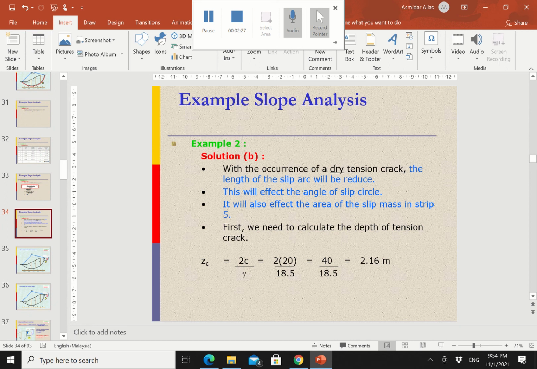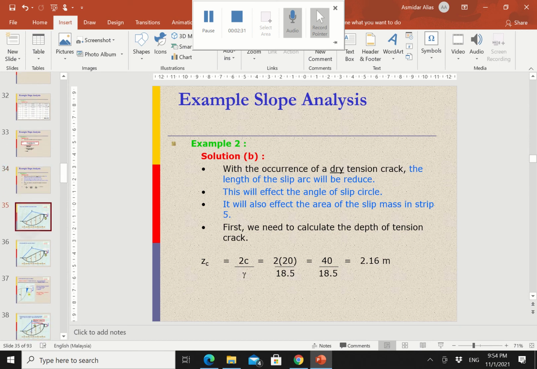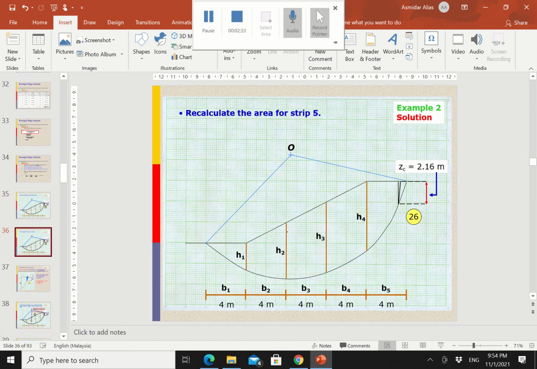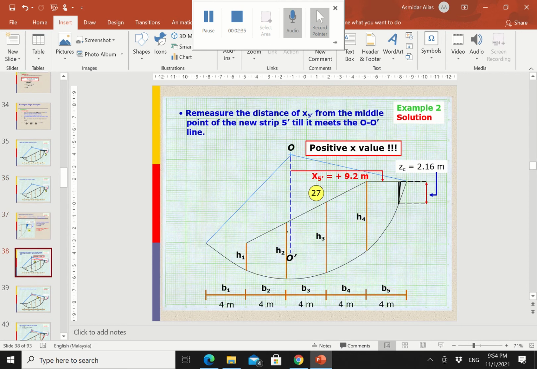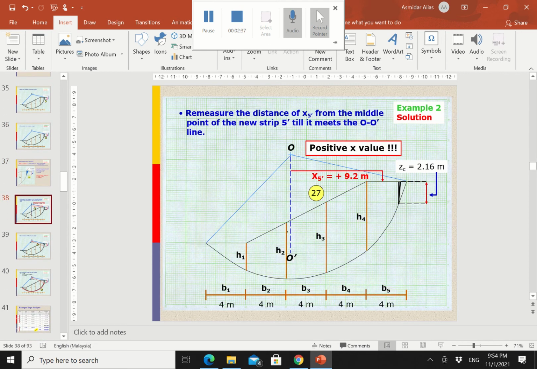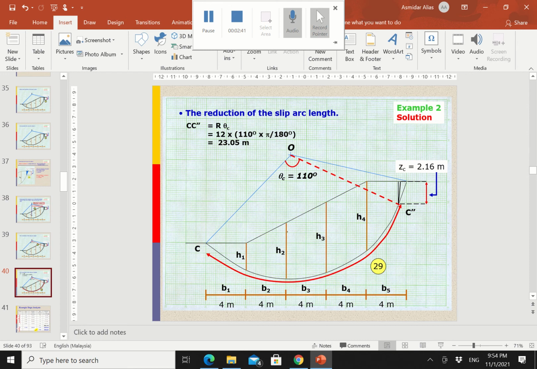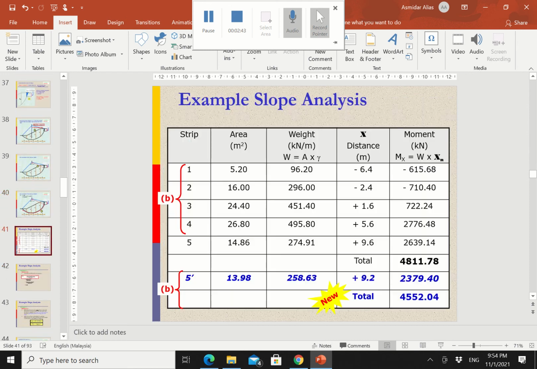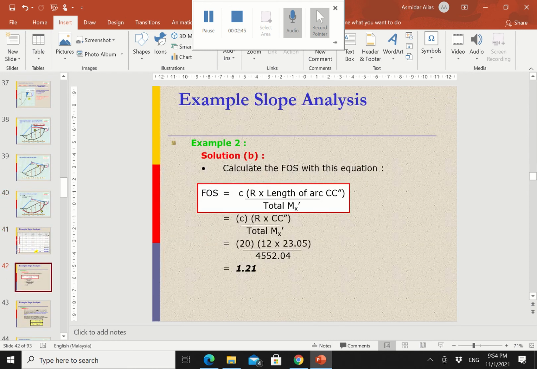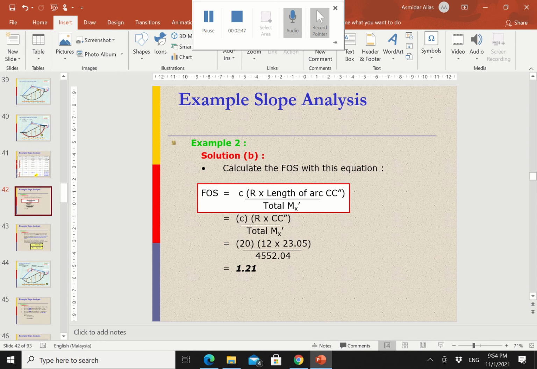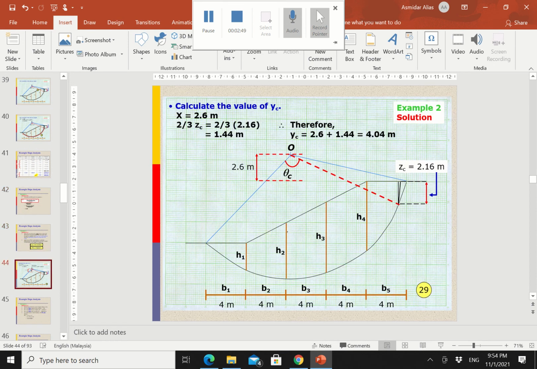This slide also shows the case for tension crack, and how to determine F of S when a tension crack happens, and also when the tension crack has the effect of water inside it.